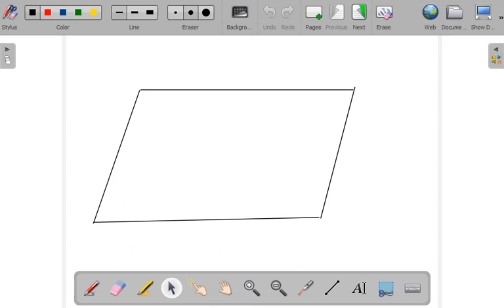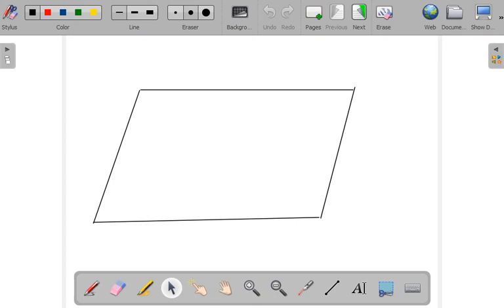So I just want to recap what we did on Friday where we talked about parallelograms and what that means. The definition of a parallelogram says it is a quadrilateral in which both pairs of opposite sides are parallel. If you look at this picture, it is a quadrilateral because it has four sides and the opposite sides are each parallel.